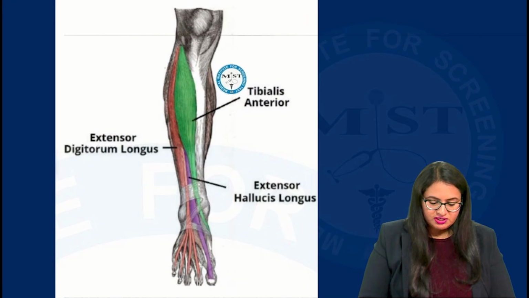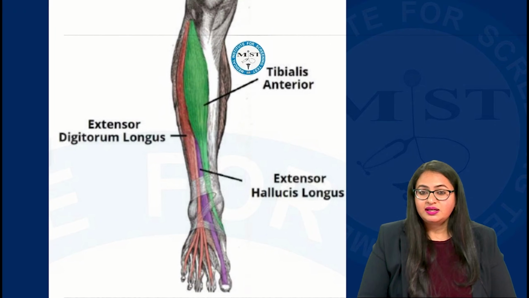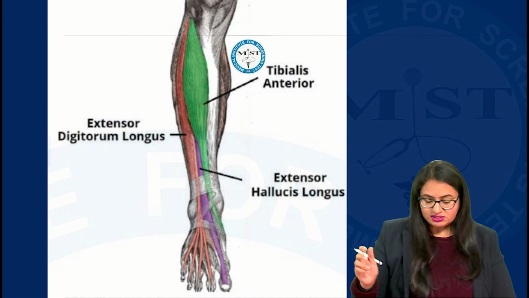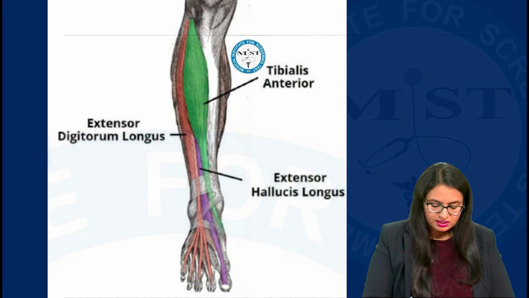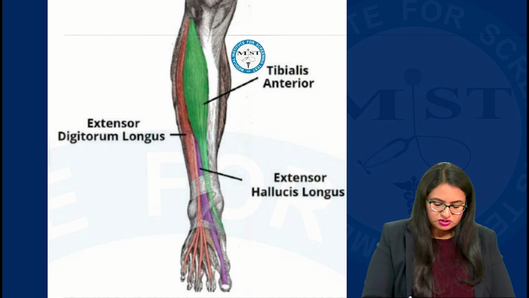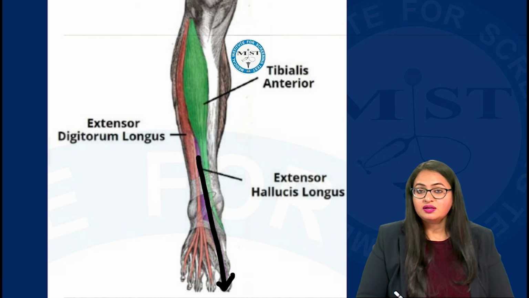Okay, now coming to this image, this is showing the muscles of the anterior compartment of the leg. And in this, when you have to identify all these muscles, how will you identify? With the help of the tendon, where it is going. Now, if we trace this purple tendon, it is going till the great toe.